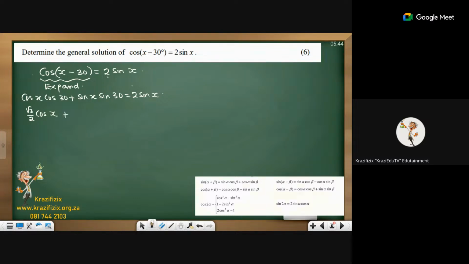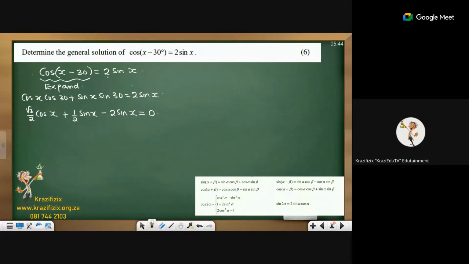Plus sine 30 is a half, so half sine x equals what? Bring that over quickly. Like I said, let's make sure it's equal to 0 on the right-hand side. Please use your calculators for your special angles. This is your final exam. You don't want to make mistakes.